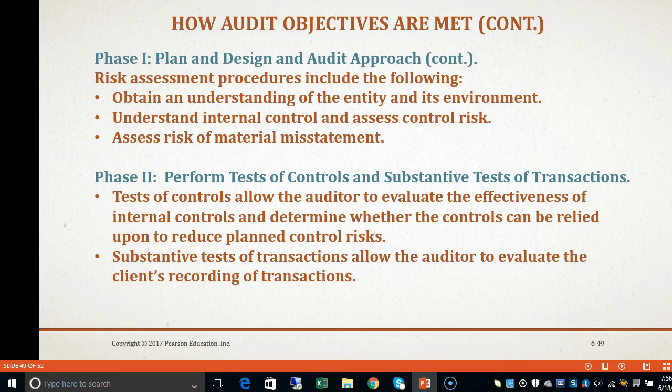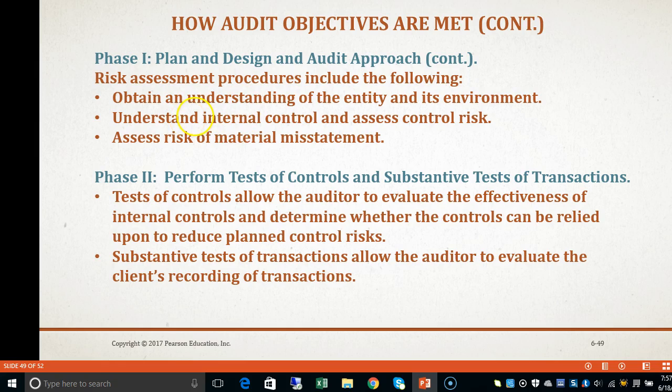Every financial statement audit now comes with management's discussion on internal controls. Internal controls are part of every aspect of the business. It's part of operations.